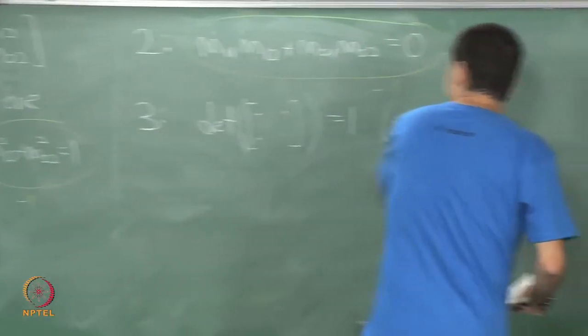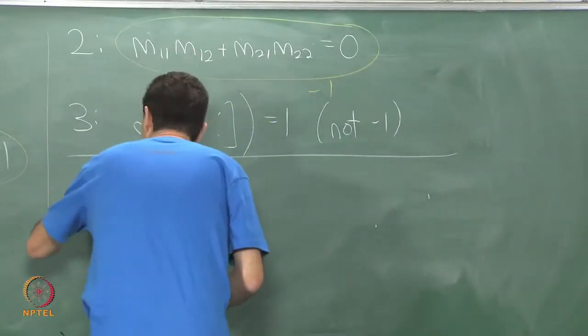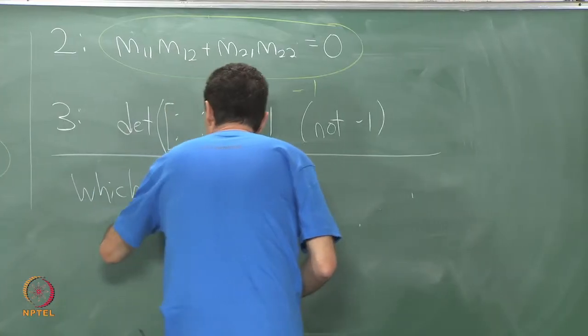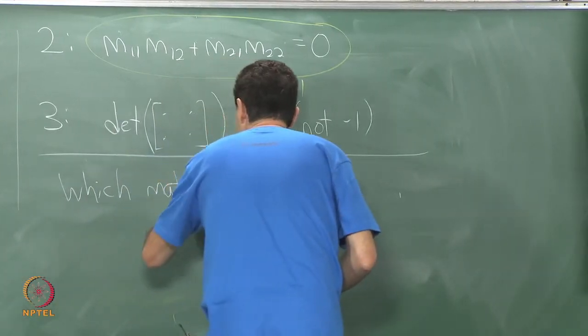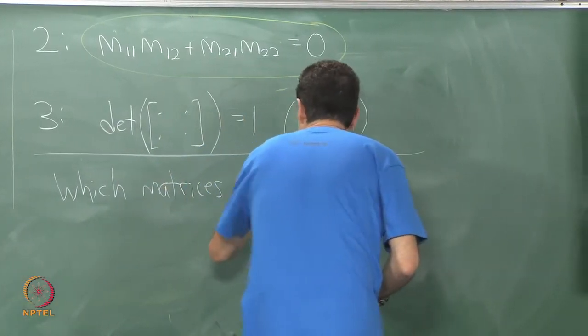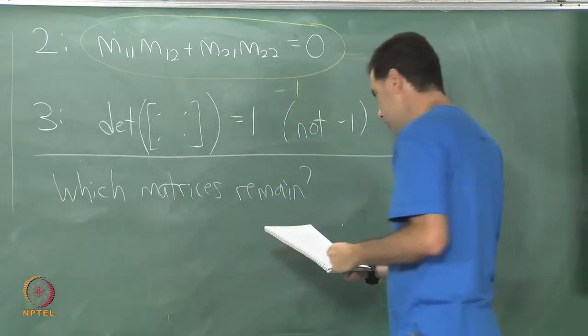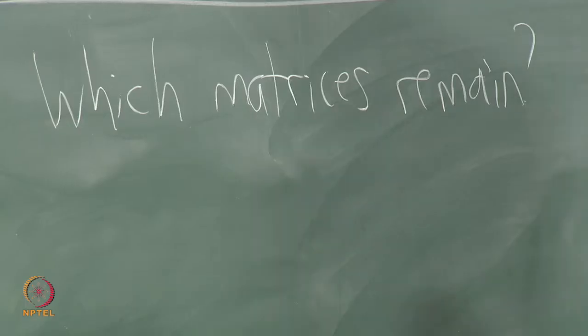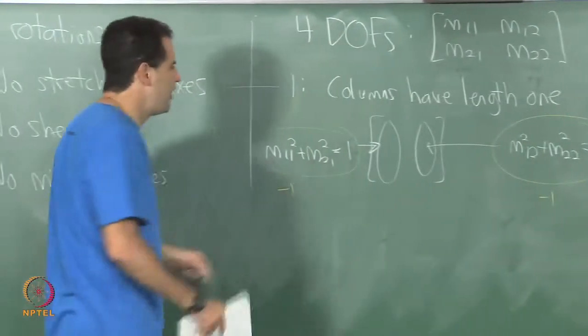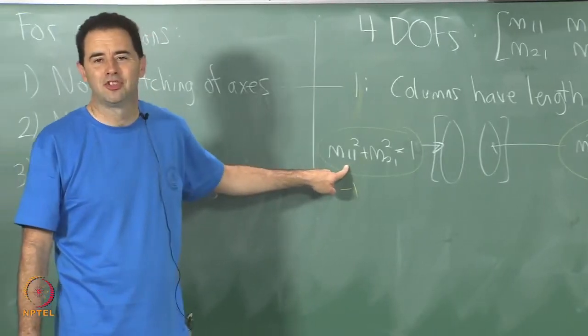All right, so that's the next kind of interesting question, which matrices remain, right? Because these are going to be the ones that are rotations. So after I perform all of this, when I look at these equations here, that looks somewhat familiar, right?